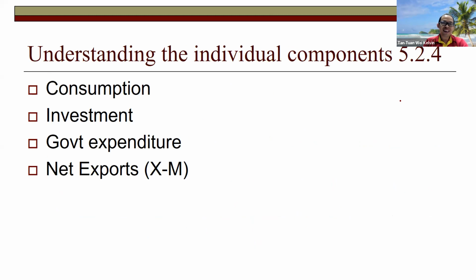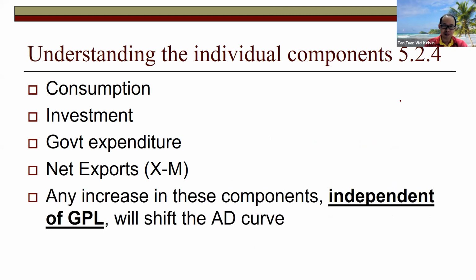So we are supposed to understand how the individual components C, I, G, X minus M change. That's basically 5.2.4. As I said, any increase in these components that are independent of the general price level will shift the aggregate demand curve.